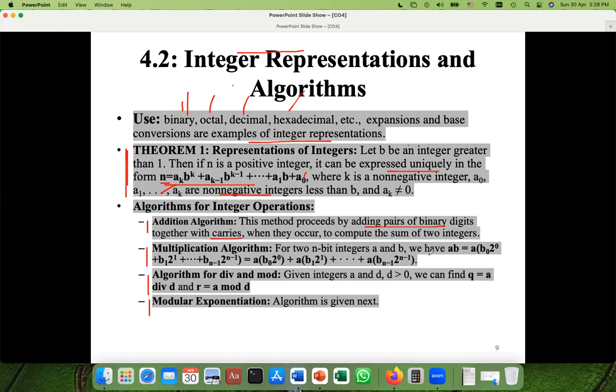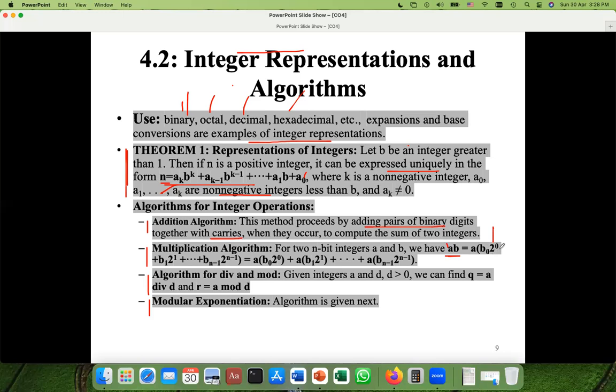And for multiplication, if A and B are two n-bit integers, then you have to multiply A with all the bits of B. For example, here B0 with 2 raised to power 0, B1 with 2 raised to power 1, and so on. This is just a representation.